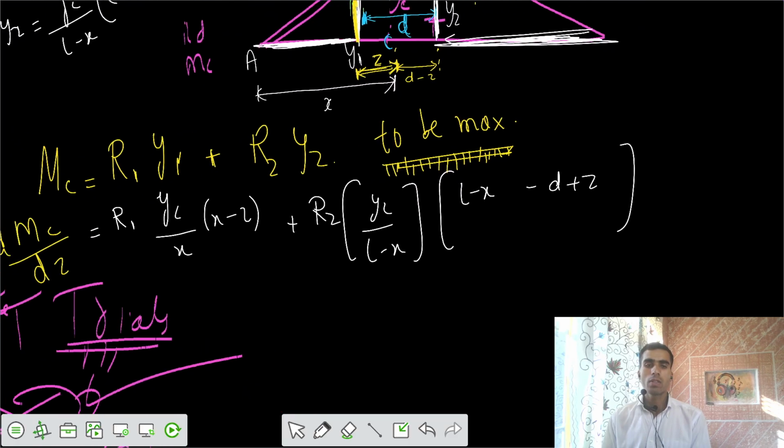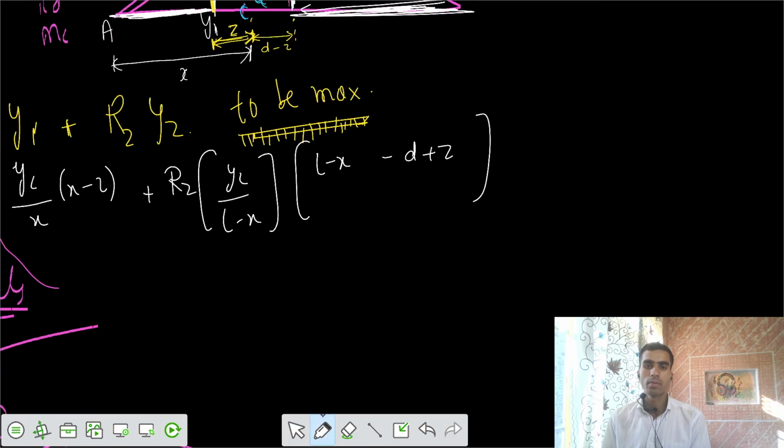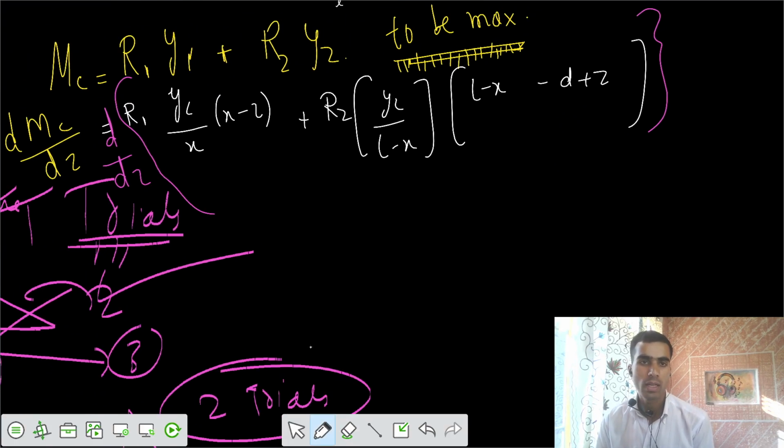Now I want to differentiate this equation with respect to z. So let's try to solve it and see what we get.